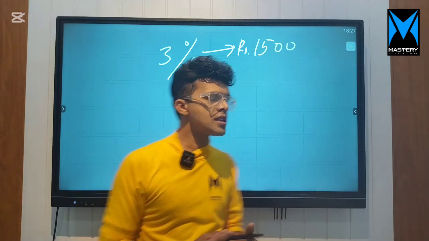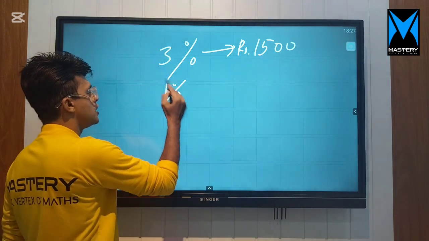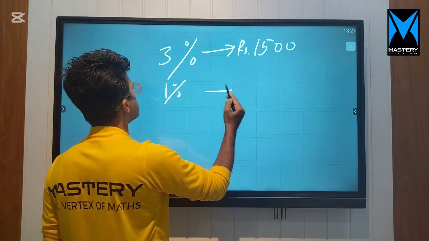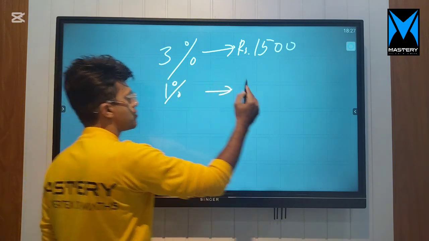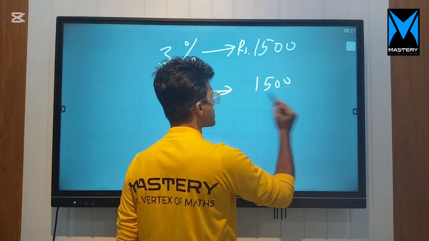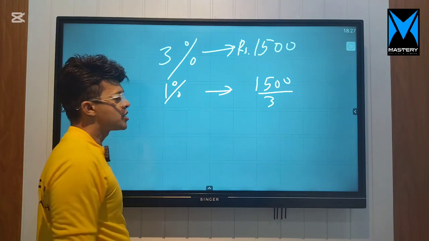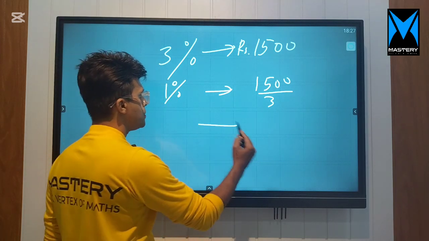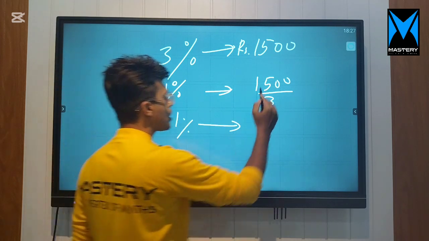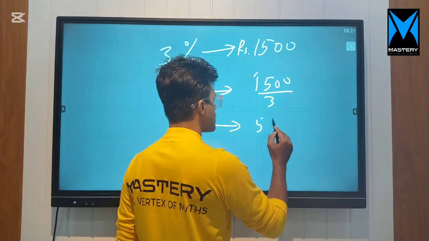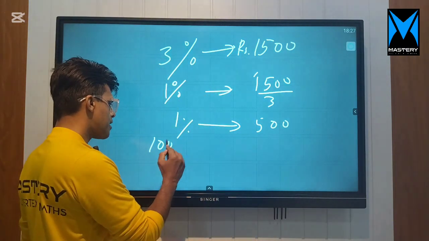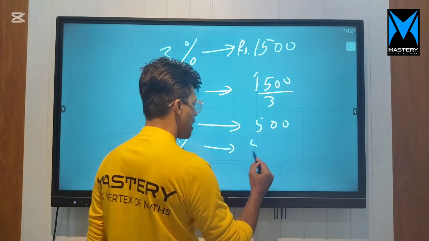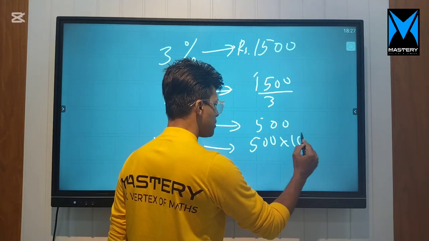What is 1%? If 3% is 1500 rupees, you could get 1%. Divide this 1500 by 3: 15 upon 3 is 5, so 1% is 500 rupees. Then you are able to get 100%. 100% means 500 times 100.